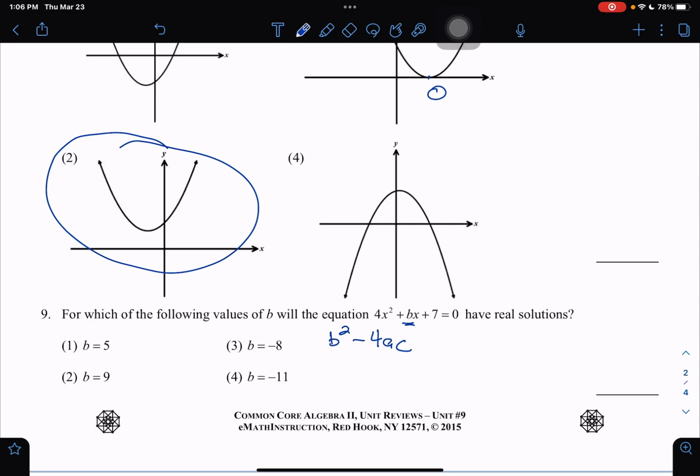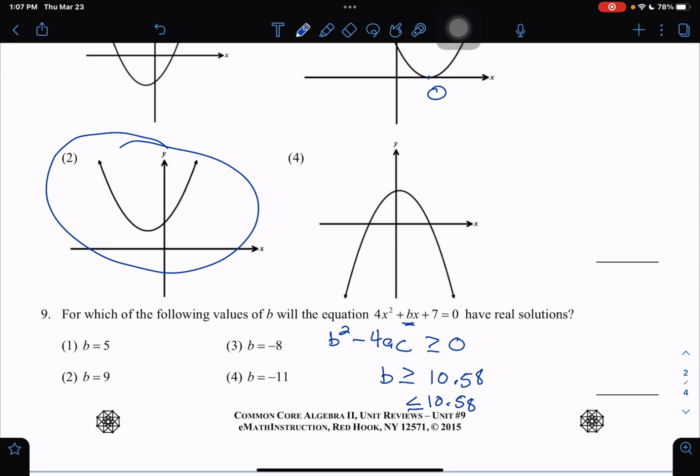You could do all this, make this greater than or equal to 0, and you would get b greater than or equal to 10.58, and then less than negative 10.58. It's an or statement because they're parabolas, right? Or you could just plug them all in and see which one gives you a negative discriminant, right?